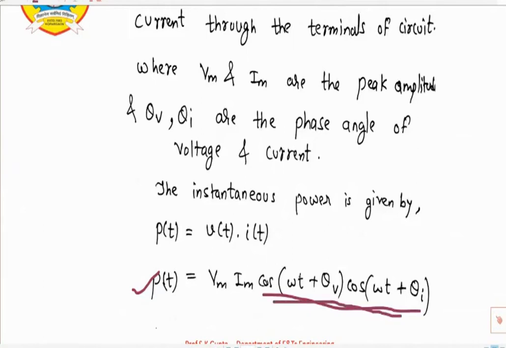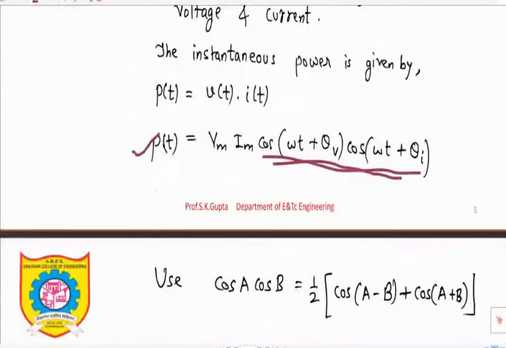The cos A cos B formula is 1 by 2 [cos(A minus B) plus cos(A plus B)]. So this is your A and this is your B. First is cos(A minus B): omega t plus theta V minus omega t minus theta I. So omega t gets cancelled out, and it will be cos(theta V minus theta I).